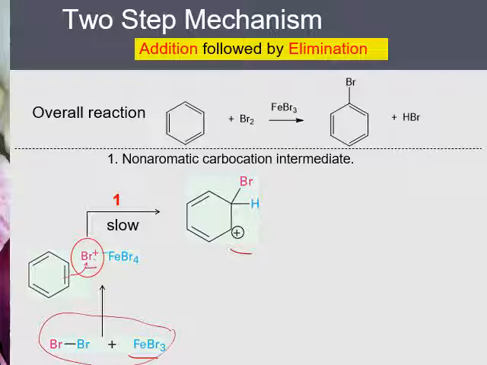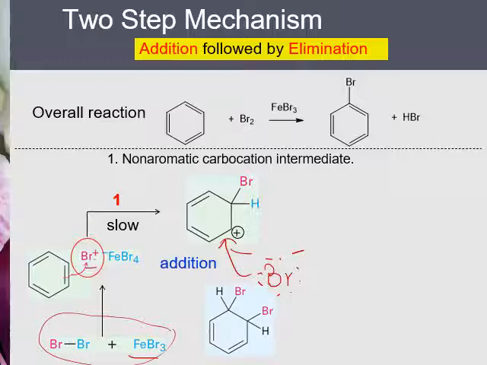Now the second step. If it's an electrophilic addition reaction, after forming the carbon cation, the bromine ion will attack the carbon cation, and that will give you the addition product. However, in the aromatic reaction, it actually goes a different route.